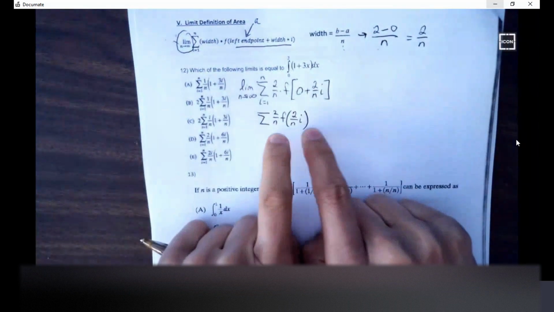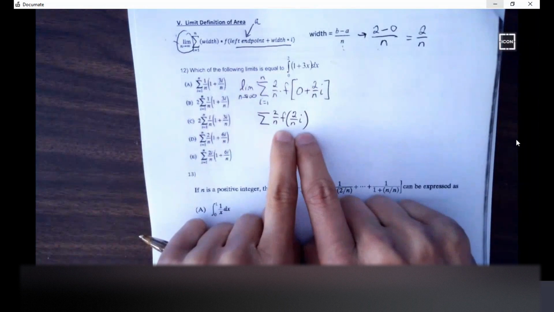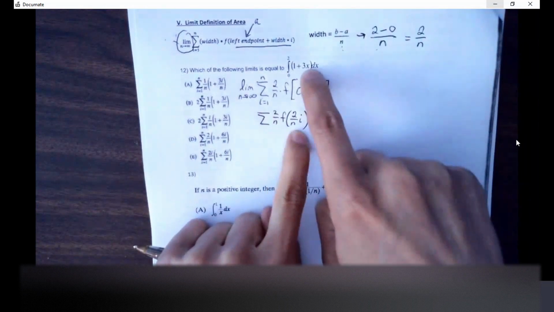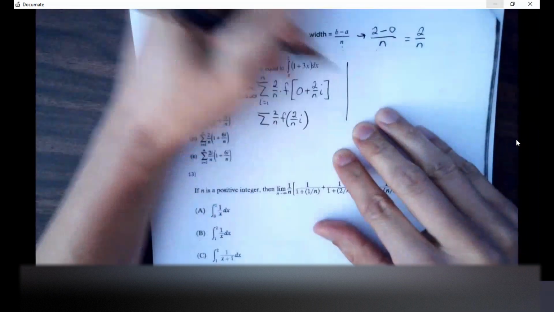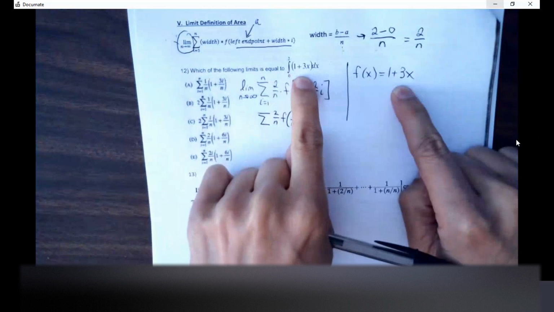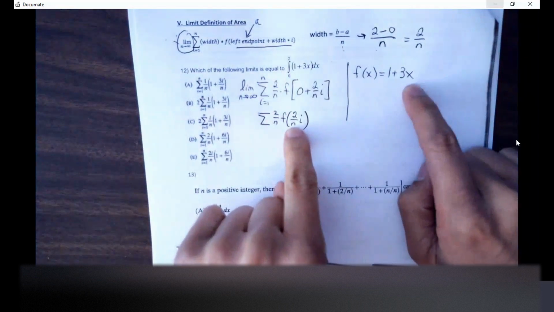Okay. Now the next thing is we want to get this out of function notation into my specific expression. So let's think of this as our function. My function is 1 plus 3x. I want to insert this into my function.